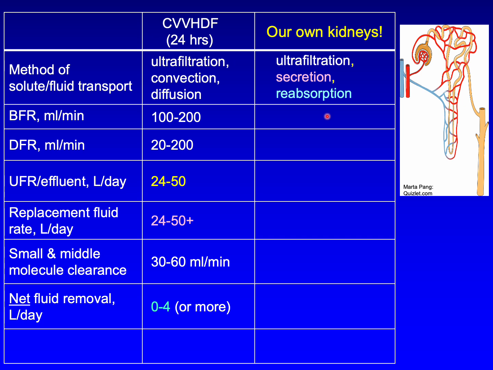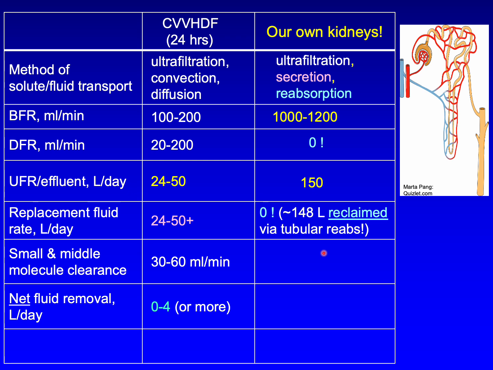Our own kidneys process enormous amounts of blood, 1,000 to 1,200 mLs per minute all day long, and can ultrafilter 150 plus liters per day and clear toxins without needing liters and liters of either dialysate or replacement fluid, because they can simply reclaim what they need from the ultrafiltrate via tubular reabsorption, such as sodium, chloride, glucose, calcium, water, etc., while allowing toxins to travel on down the nephron to be excreted.